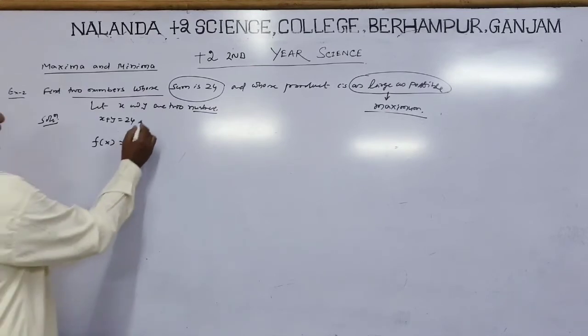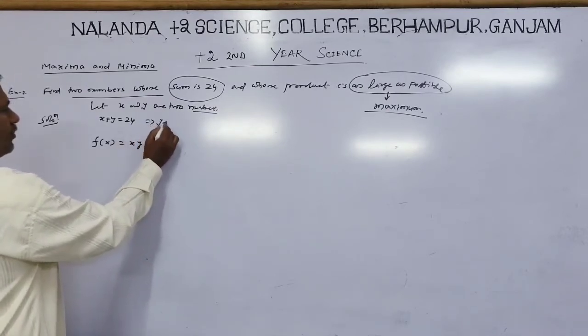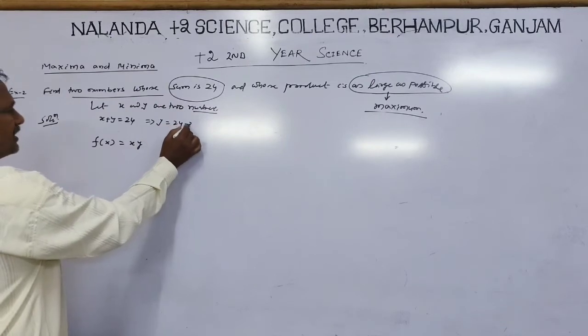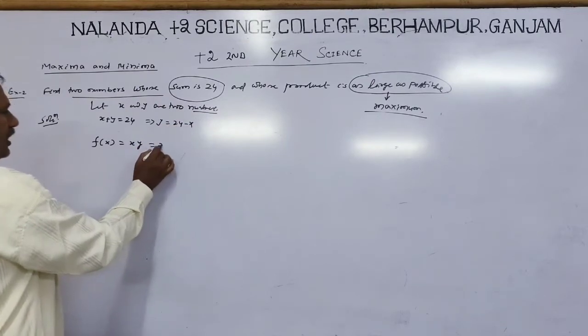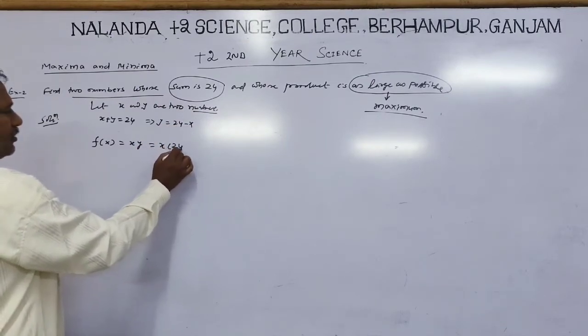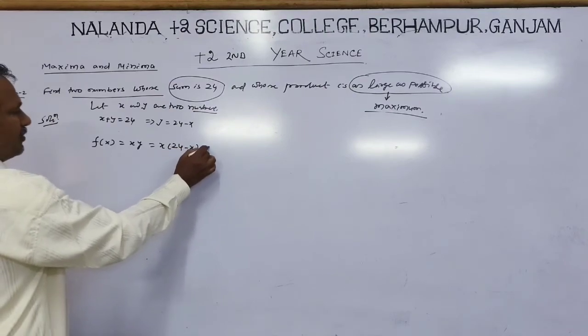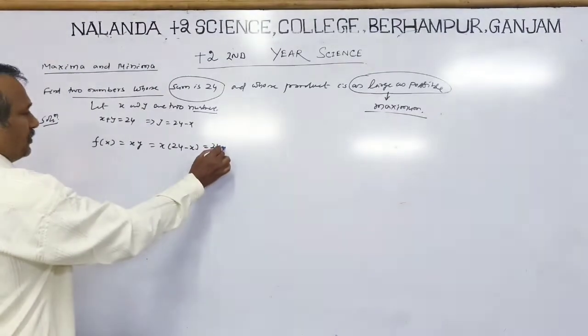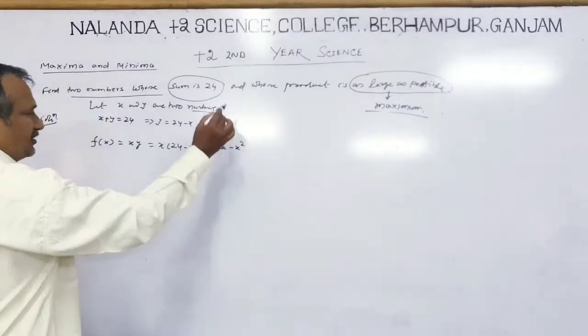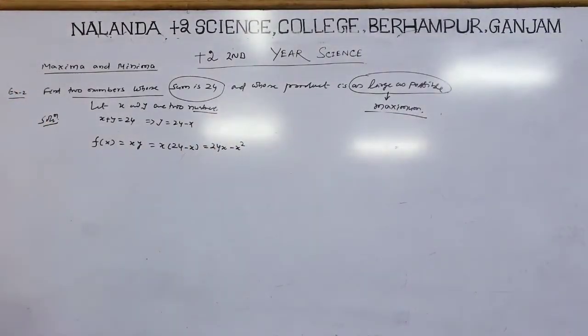So what is y here? Now y equal to 24 minus x. Substitute: x into 24 minus x, or 24x minus x square. Now the function is formed. Now what is f dash x?